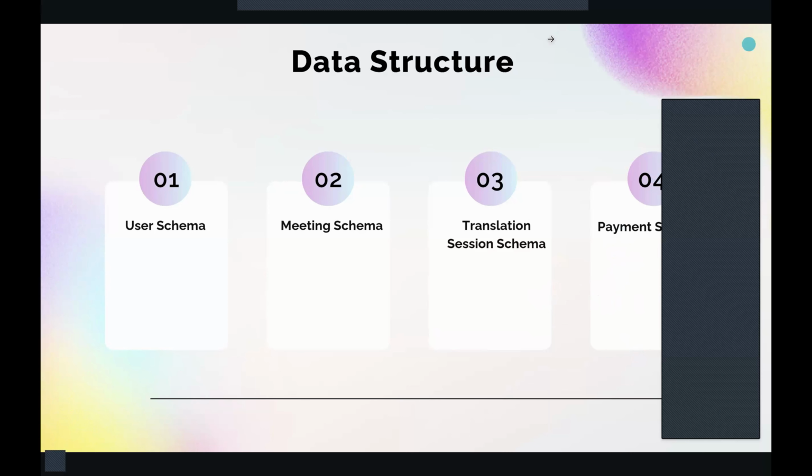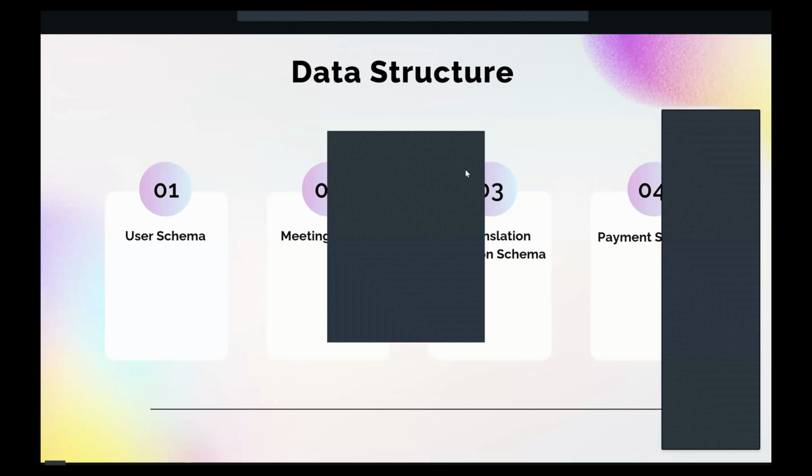Like I'm Chinese, and I'm also familiar with Chinese and English, so I can flexibly switch between different language schemas. And finally, we design the payment schema, which also needs the user's ID, plan and different statuses. Okay, next page.